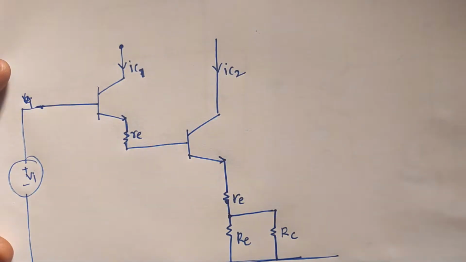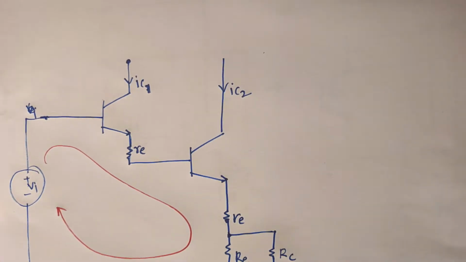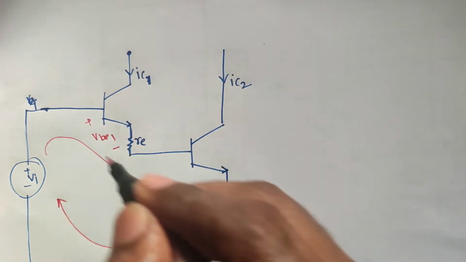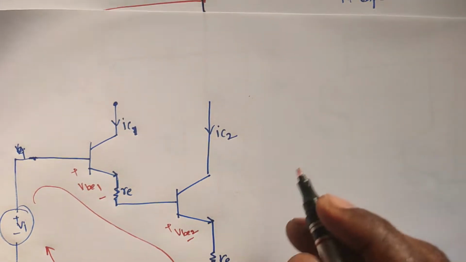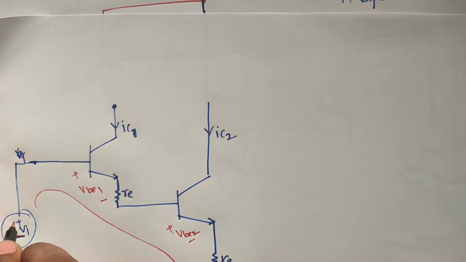Now we are considering this as one closed loop. Based on this loop, some voltage is dropped, that value is VBE1, and this value is VBE2. From this expression, you can calculate the responses. Here the starting terminal is negative, and this one is positive.